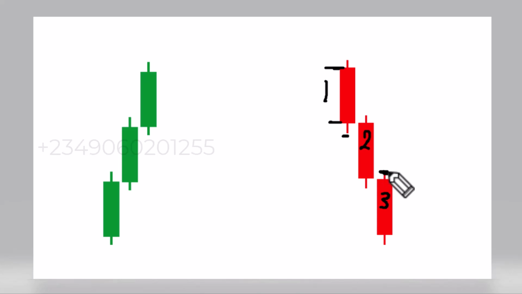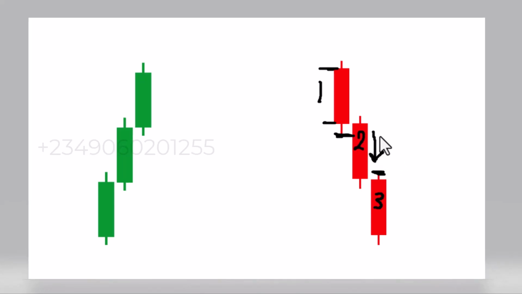You can see the upper shadow of the third bearish candlestick does not push fully into the body of the second candlestick. Likewise, the lower shadow of the first candlestick does not push fully into the body of the second candlestick. Now, mark the lower wick of the first candlestick with a horizontal line or a rectangular tool.